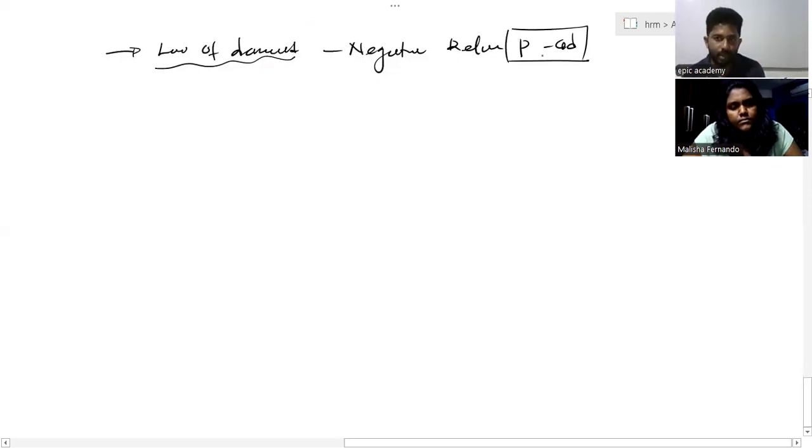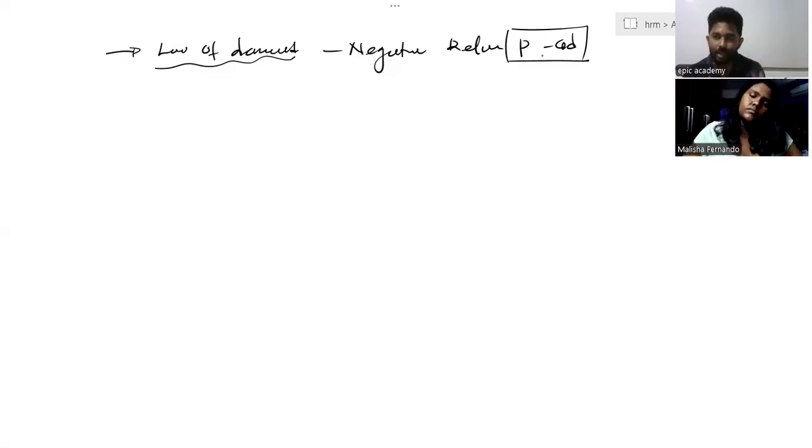In a certain time period, when other factors related to demand are constant, the price of the commodity and quantity demand represent a negative relationship. That negative relationship is identified as the law of demand.